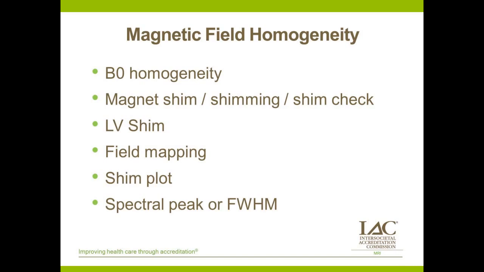So those are different methods of measuring. You may see something referring to a spectral peak or an FWHM, a full width half max component. Those are methods that are used by some engineers and physicists to measure this, right? So this may require a little bit of translation between the document that you have and whoever provided it to walk it back to this general term, magnetic field homogeneity.